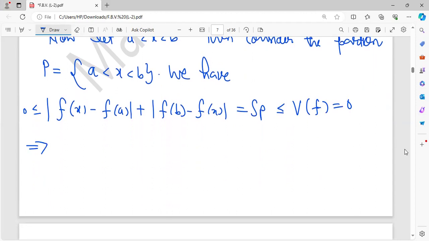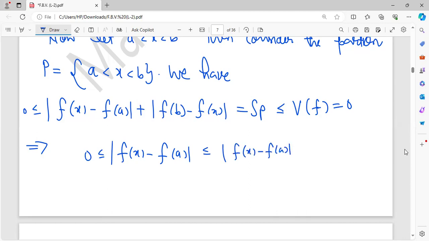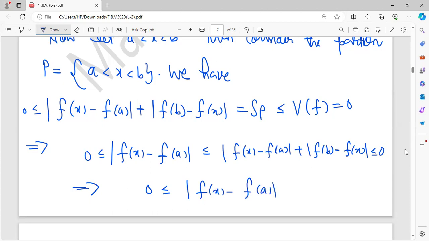This implies absolute value of f(x) minus f(a) is less than or equal to the sum of absolute values, but that is also less than or equal to 0. So this implies absolute value of f(x) minus f(a) is less than or equal to 0.